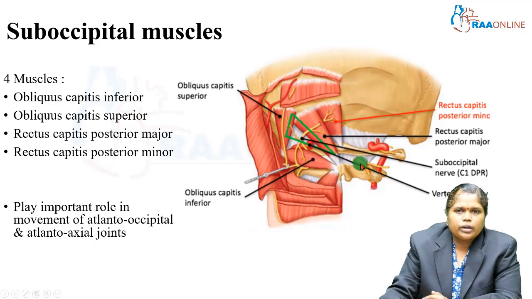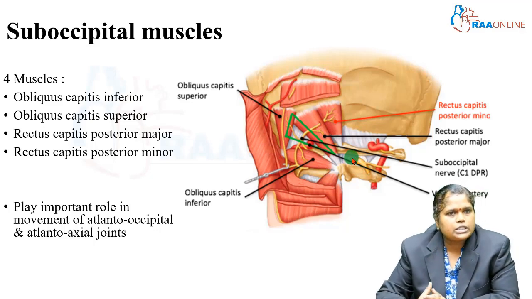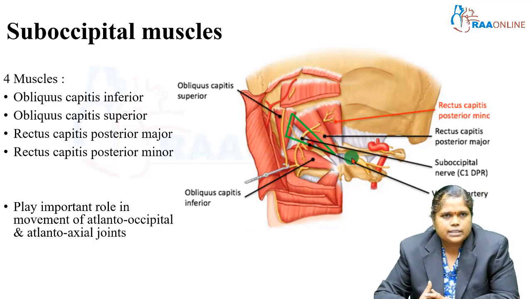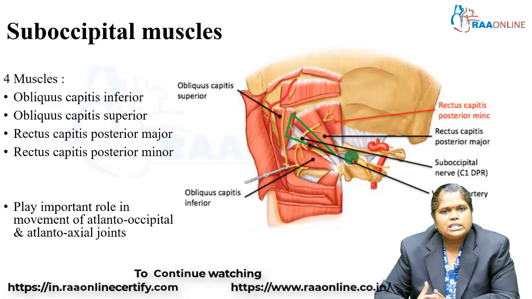These two joints are moved by the suboccipital muscles. The suboccipital muscles are four on either side: obliquus capitis inferior, obliquus capitis superior, and rectus capitis posterior major and minor. These muscles mainly produce movement in the atlanto-occipital and atlanto-axial joints.